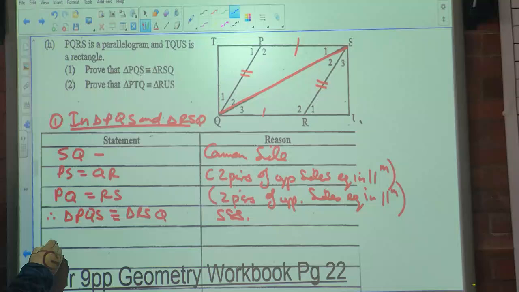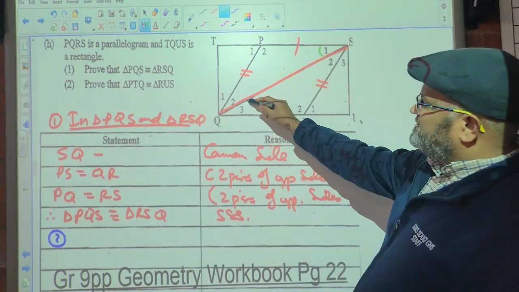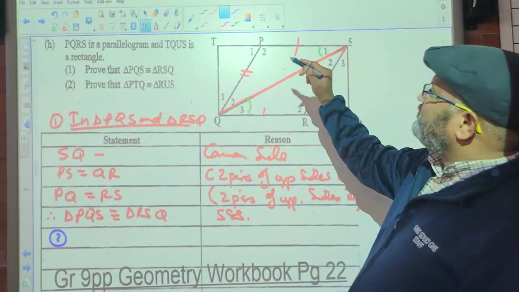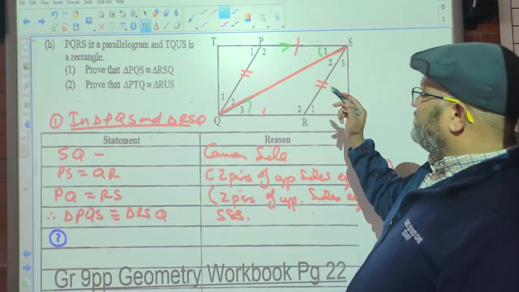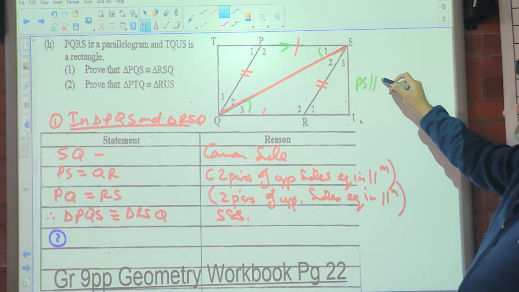Alright, let's look at number 2. Yes? So if you're going with alternate angles, you're saying that S1 is equal to Q3. Is that what you said? But your approach should have firstly been PS is parallel to QR.